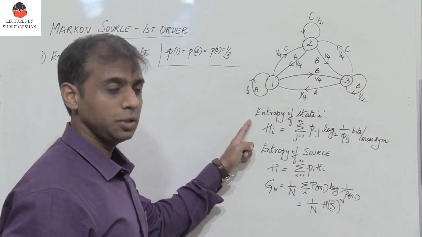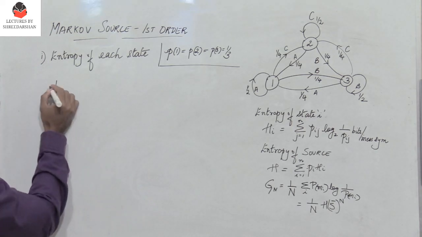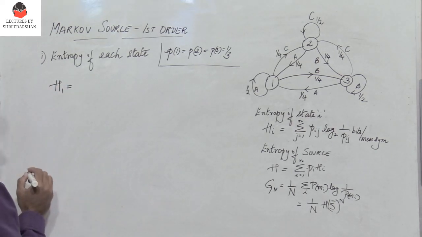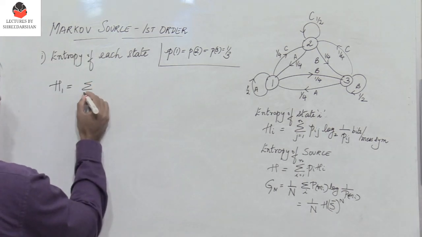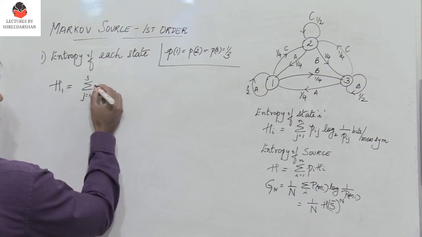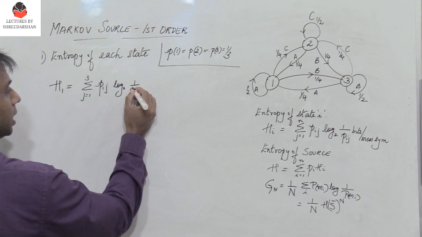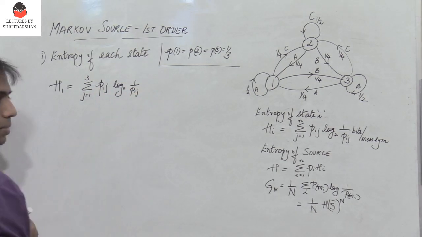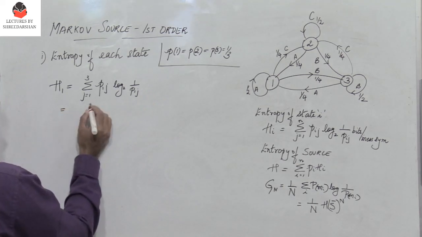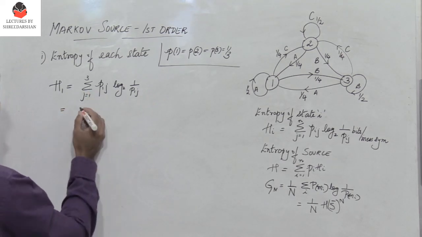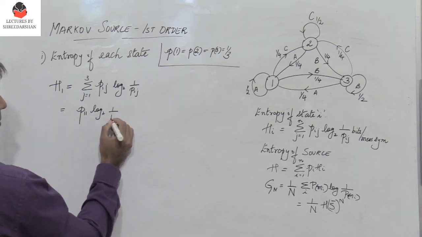So let us try to find the entropy of state 1. Now what is the entropy of state 1? I have H of 1 equals, how many states are there? There are 3 states. So j will vary from 1 to 3, P_1j log to base 2 of 1 by P_1j, which is nothing but equal to, so here j varies from 1 to 3, which means P11 log to base 2 of 1 by P11.